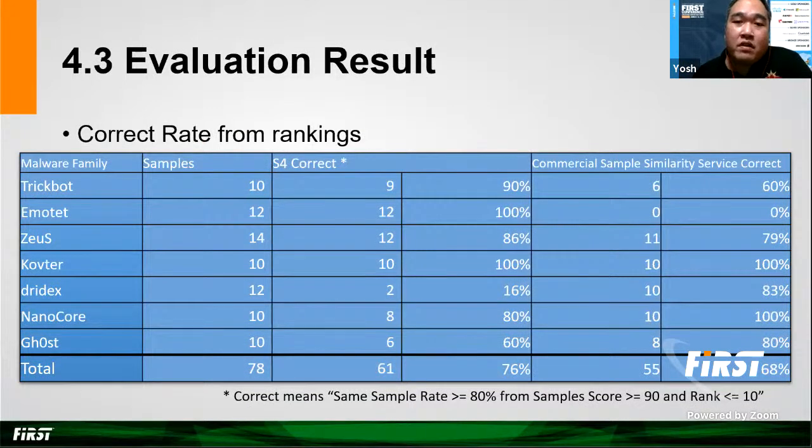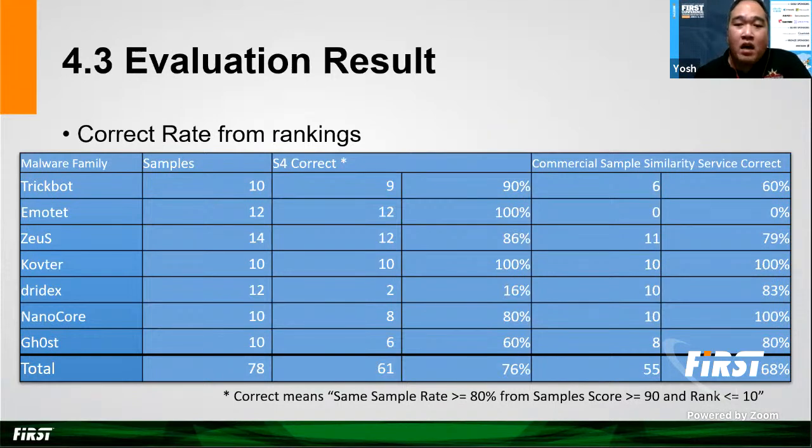This page shows the correct rate for each malware, which is a quantitative evaluation result. For reference, the correct rate of a commercial malware similarity service is also shown. This service has not only the similarity between samples, but also the master data of malware families and benign software like Microsoft binaries.